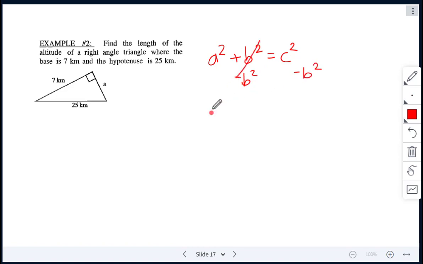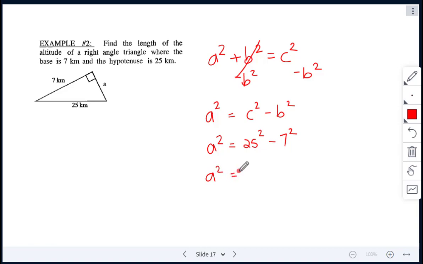Therefore our formula will be A squared is equal to C squared minus B squared. I'll just rearrange the formula. So A squared will be equal to 25 squared minus 7 squared.